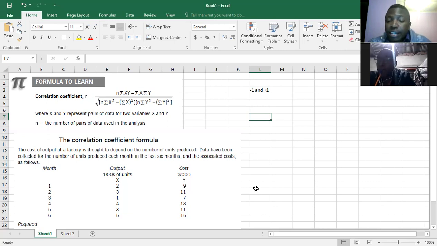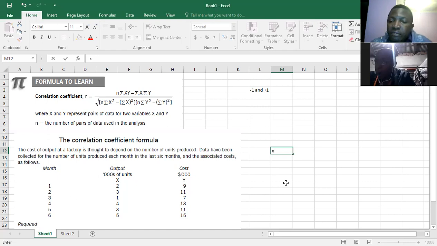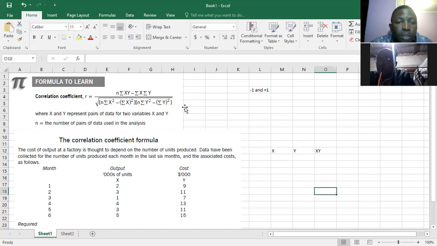For your correlation, you will set up a number of columns. Here, the output is represented by X. X is the independent variable, the cause. Y is the effect. So you have a column for X, a column for Y. You need another column for XY because we have XY in the formula.